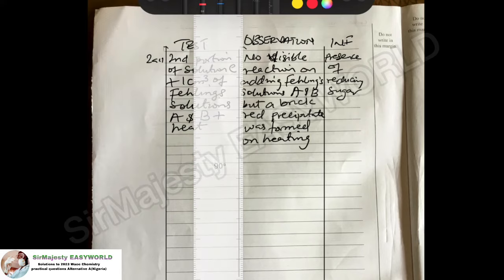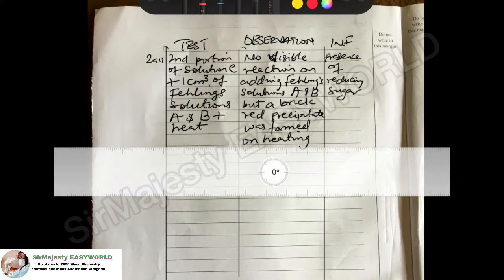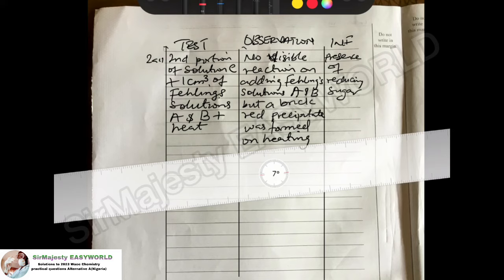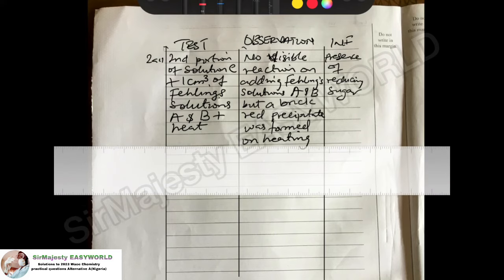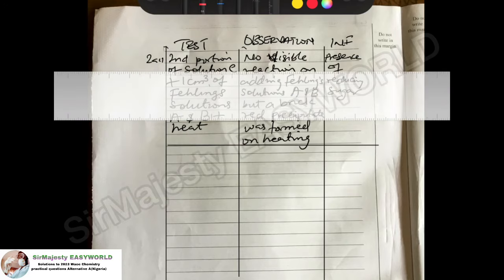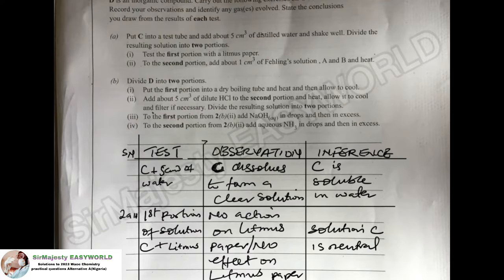We bring our ruler. After each step, you rule off to demarcate that you have finished with that particular question. I think the next one is 2bi. We go back to that question again to see what 2bi said. 2b says divide D into two portions.